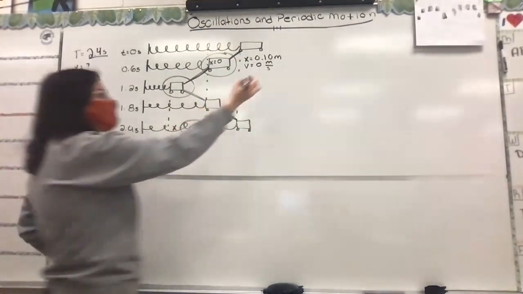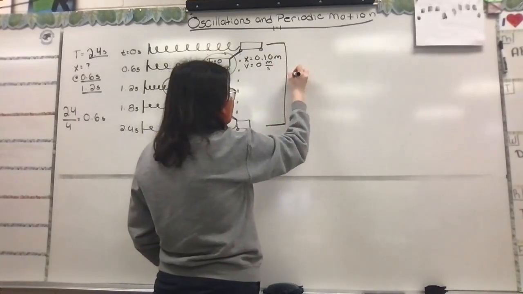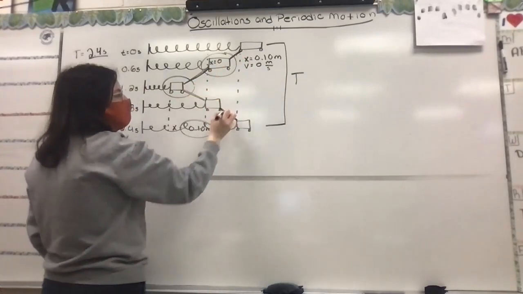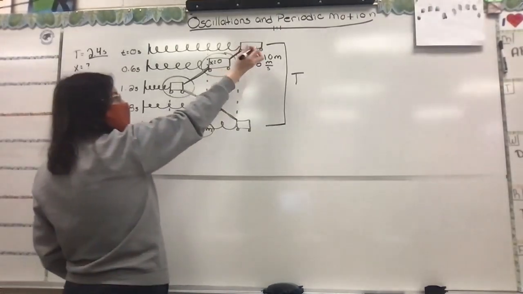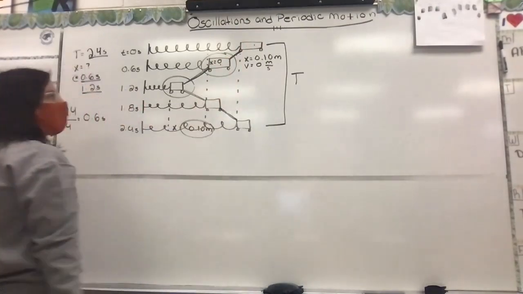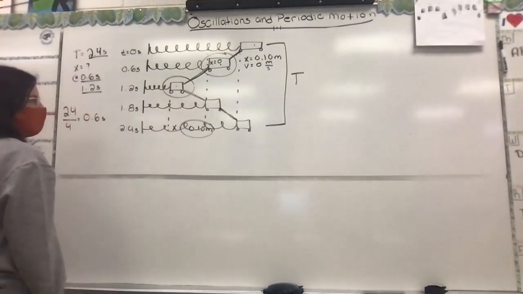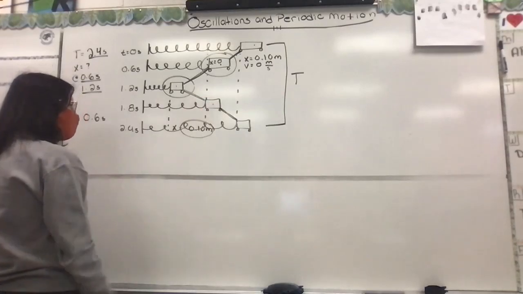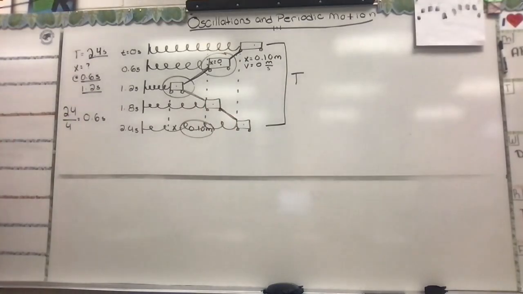So if the whole entire cycle from beginning to end is one period, that means that each of these is a quarter of that period. So it takes a quarter of the period to get from our maximum displacement to our equilibrium. Then it takes another quarter to get from equilibrium to our negative maximum displacement. Then another quarter of the period to get from there back to equilibrium. And then the last quarter of the period is getting from equilibrium back to our positive maximum x position.